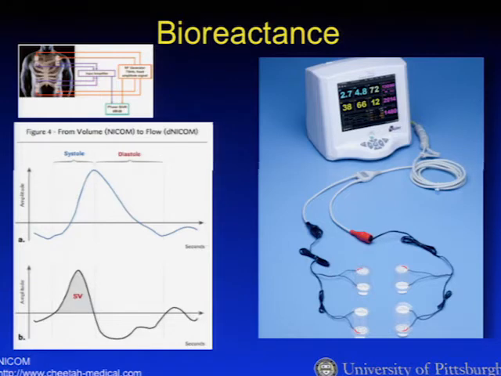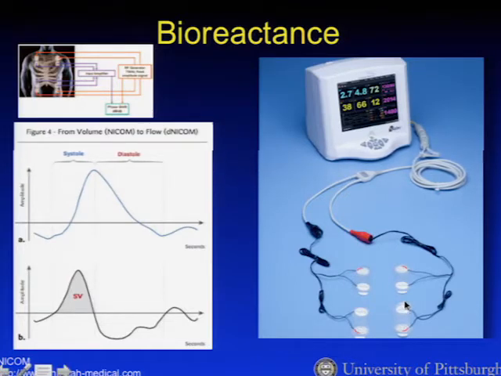Bioreactance represents, I think, a successful attempt to improve upon some of the problems with bioimpedance. And I think the only device that I'm aware of using this principle is the NICOM monitor, which induces an alternating current of low amplitude on both sides of the thorax with a known phase and a frequency of 75 kilohertz.